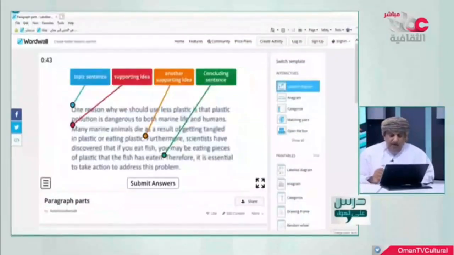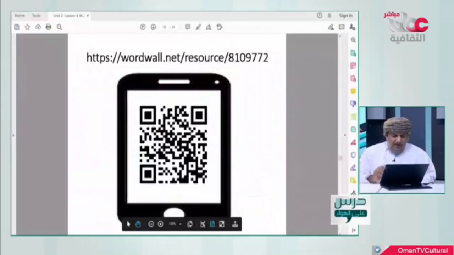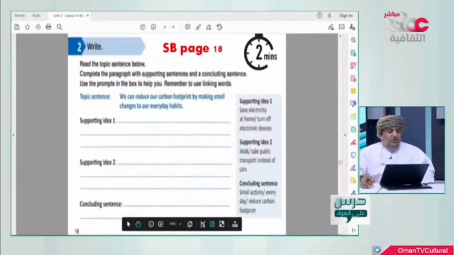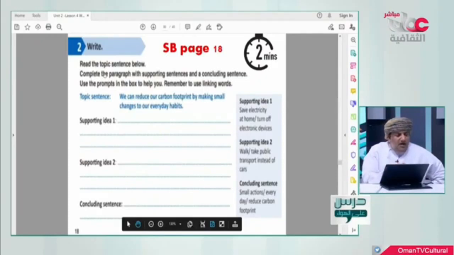Now, let's go to our lesson again. I want you to look at your skills book, page 18, and look for this topic. Read the topic sentence below and complete the paragraph with supporting sentences and a concluding sentence. Use the prompts in the book to help you.